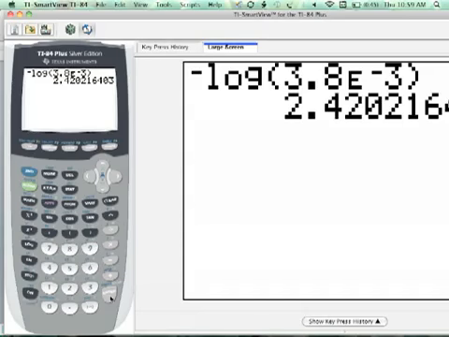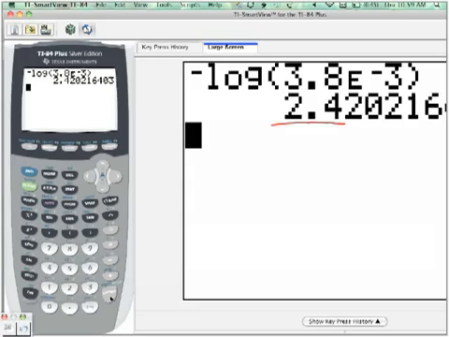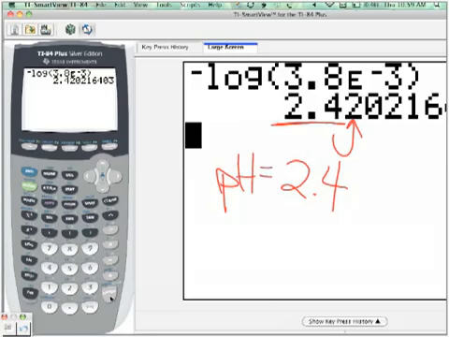Now, how many significant digits are in my question? Two. So my answer should only include 2.4. We look at the number immediately following that. Will it change anything? No. So the answer is the pH is equal to 2.4. So what kind of solution do we have? It's an acidic solution.